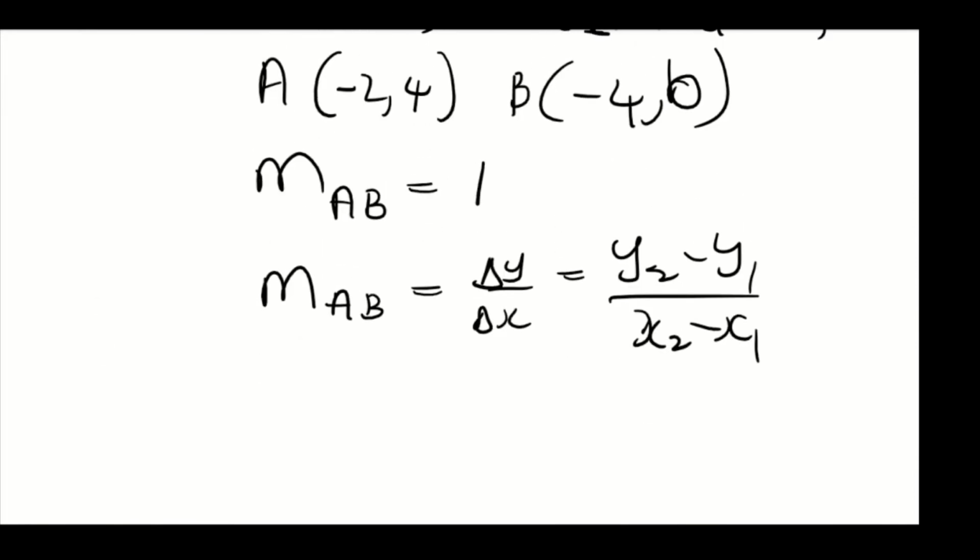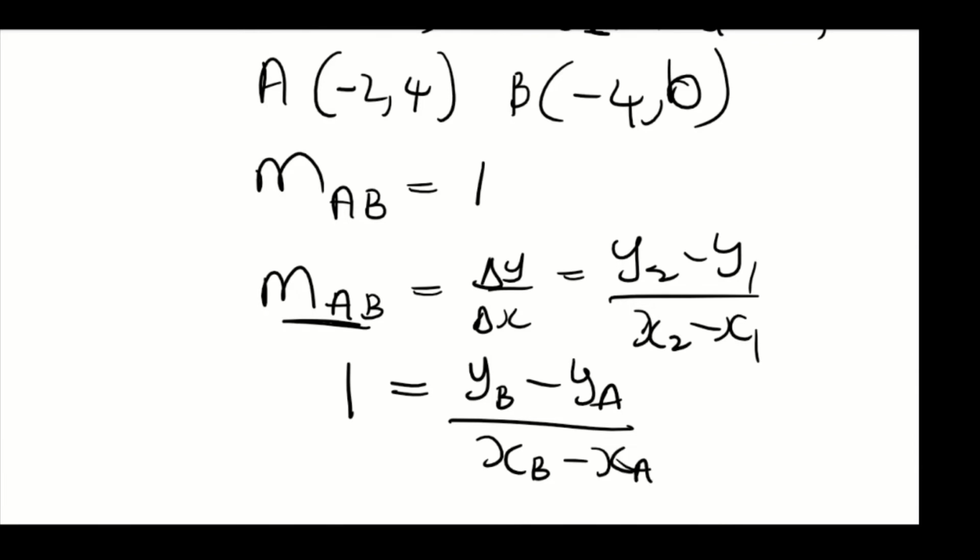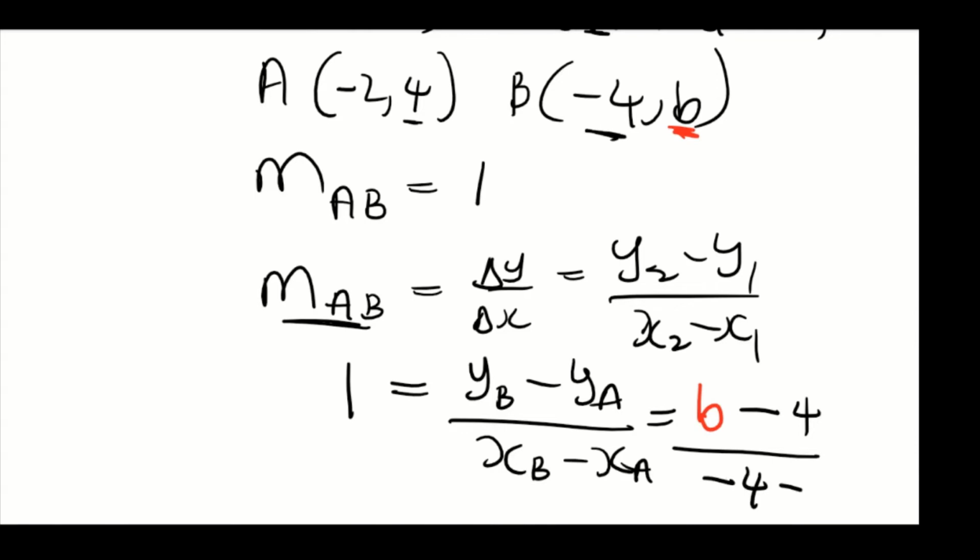We know that the gradient of AB is 1, so 1 is equal to y of b minus y of a over x of b minus x of a. The y of b is b, the one that we're looking for, and minus the y of a, which is 4, divided by x of b, which is -4, minus x of a, which is -2.